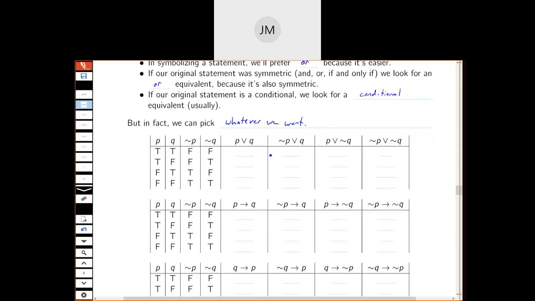For the or statement, remember that it's going to be false when both are false, so P and Q are both false, and true otherwise. If I have one or more trues, then it's true. So for not P or Q, I'm looking at these two. I can see in the second row they're both false, and in all the other rows I have at least one true.